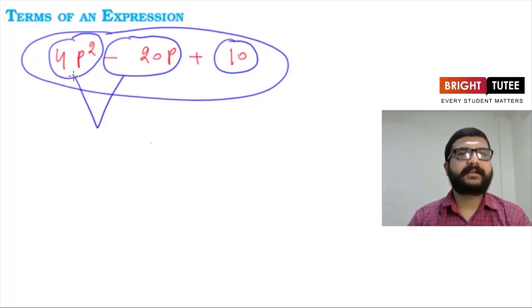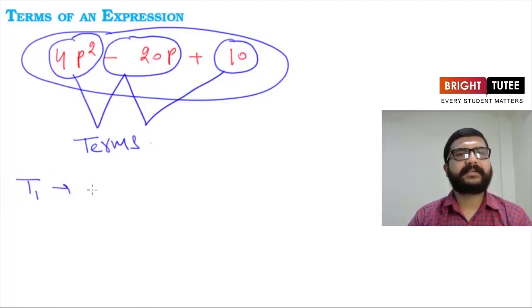Now these are the terms. So these are the 3 terms of the algebraic expression. So here first term we can write it as t1, this is 4p square. t2, that is second term, it is minus 20p. We have to consider this minus always with the term.